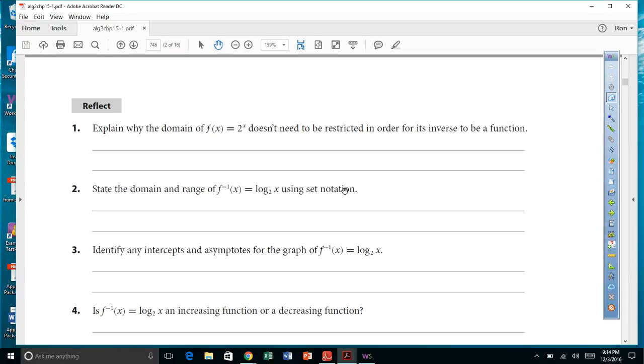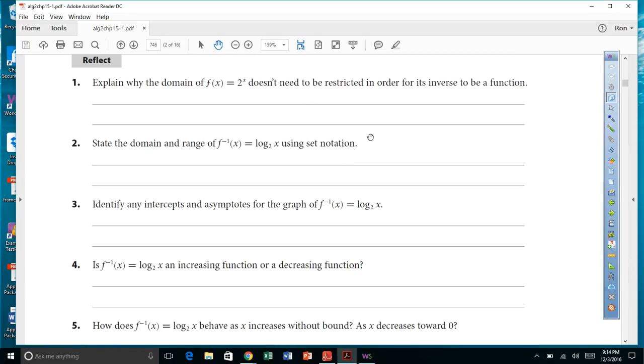All right, reflect. Explain why the domain of f of x equals 2 to the x doesn't need to be restricted in order for its inverse to be a function.